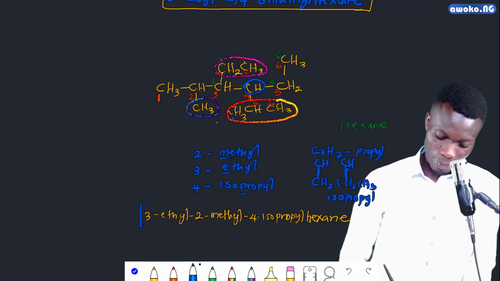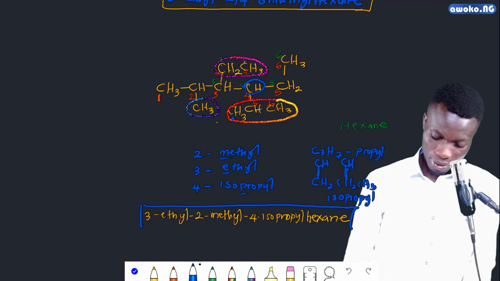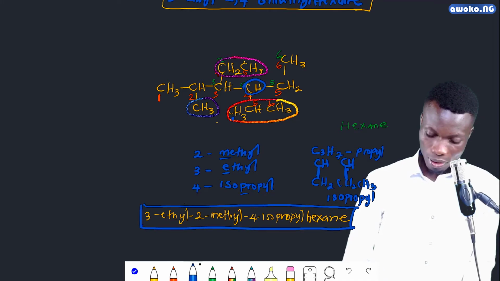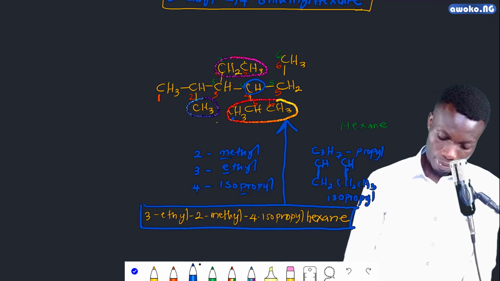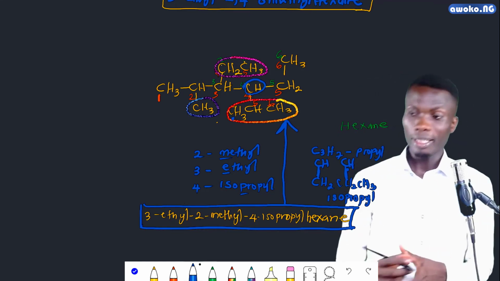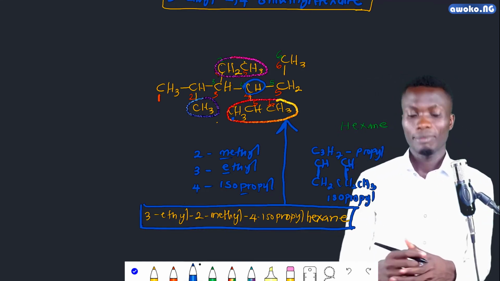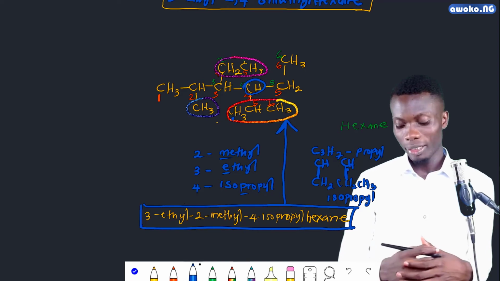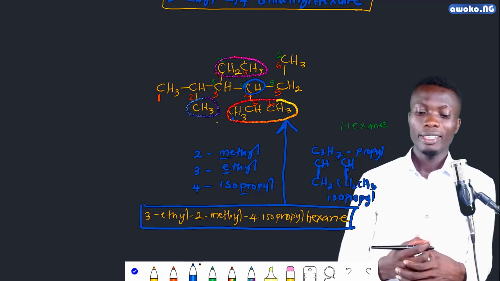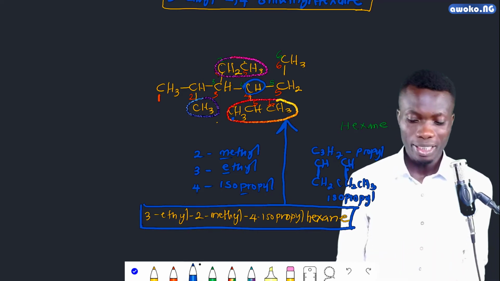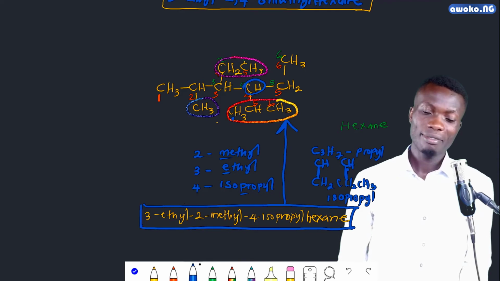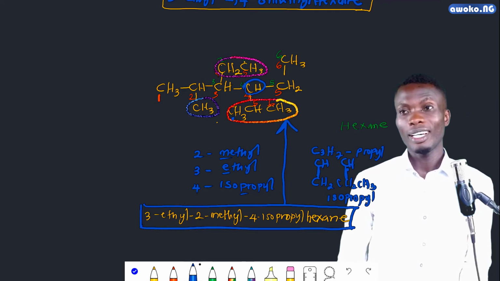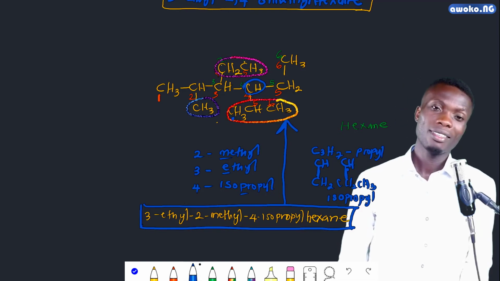So this now becomes the name of this compound. We have 3-ethyl, 2-methyl, 4-isopropyl hexane.